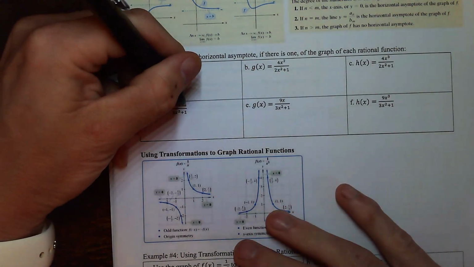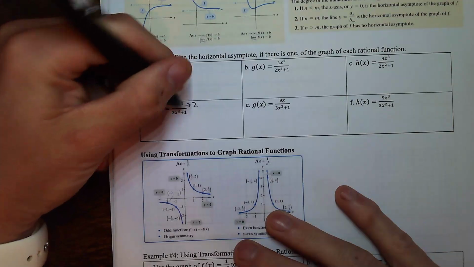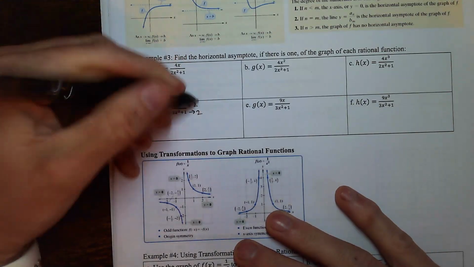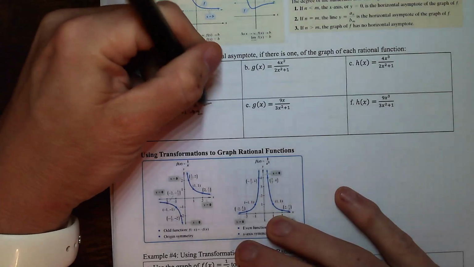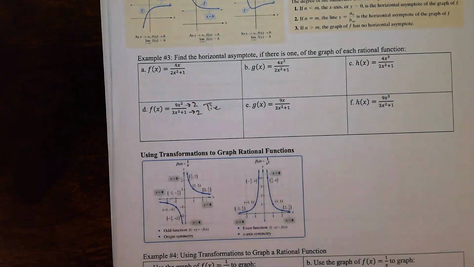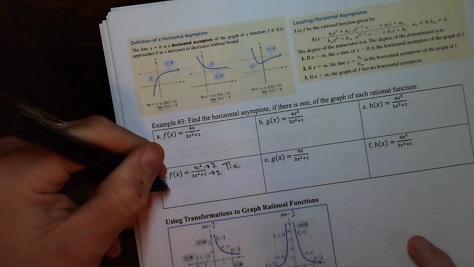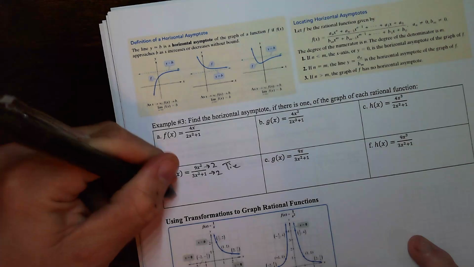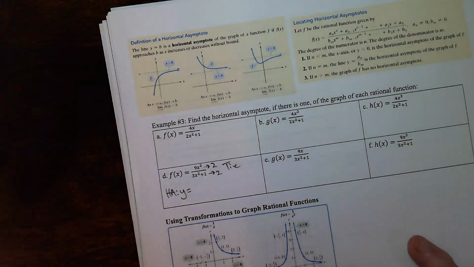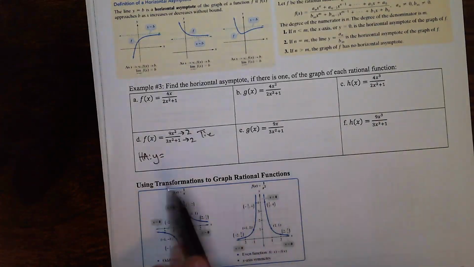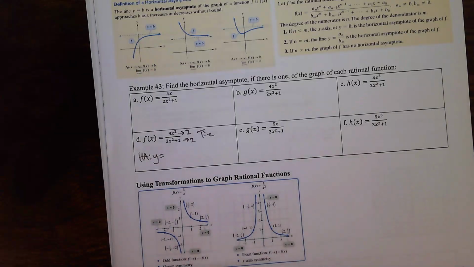So the highest exponent here, the degree of the top is 2, the degree of the bottom is 2. Which one's higher, top or bottom? This was a tie. When it's a tie, the horizontal asymptote is y equals, and a horizontal asymptote is a horizontal line, by the way.